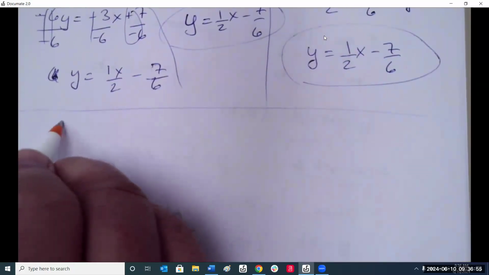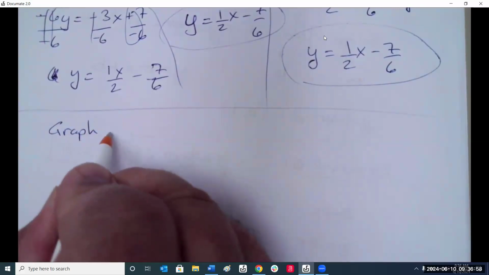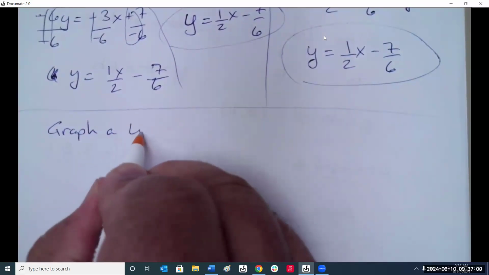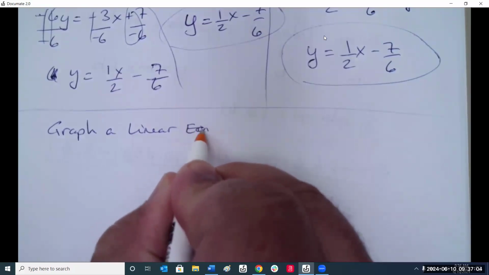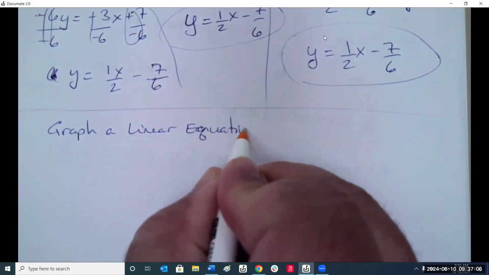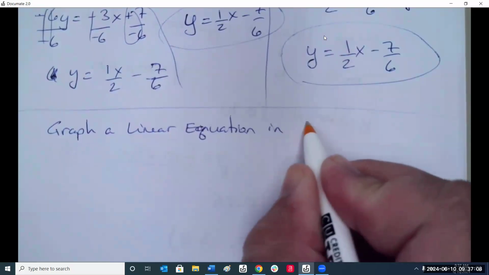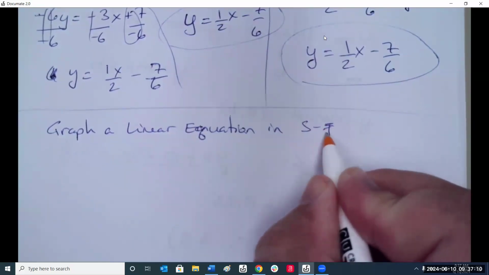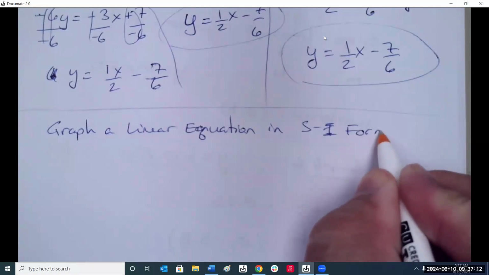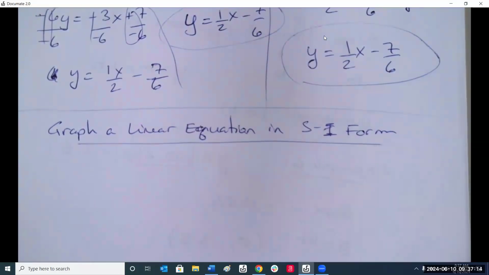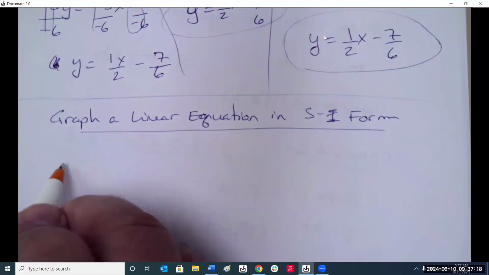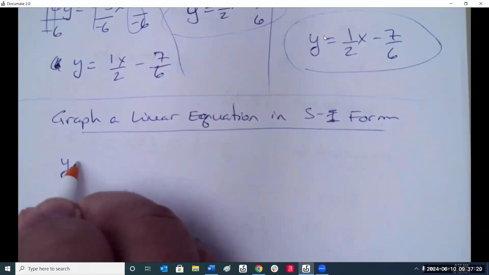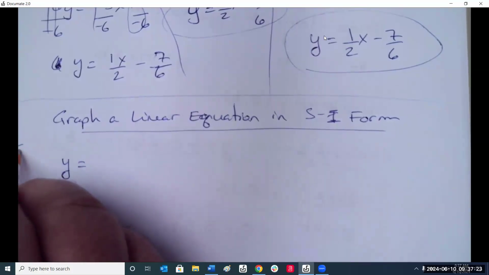How would we graph a linear equation in slope-intercept form? This is example 8.